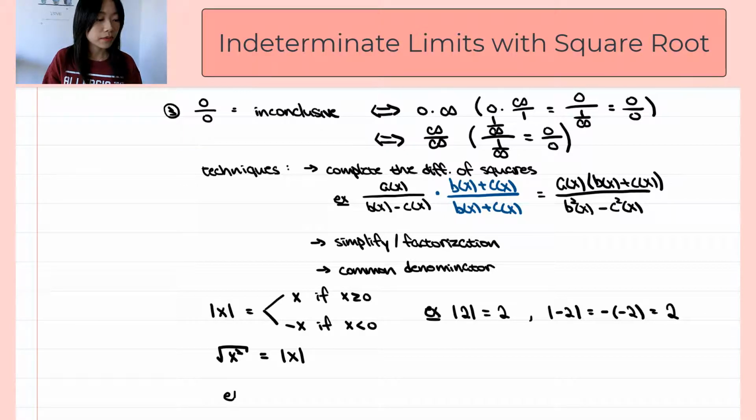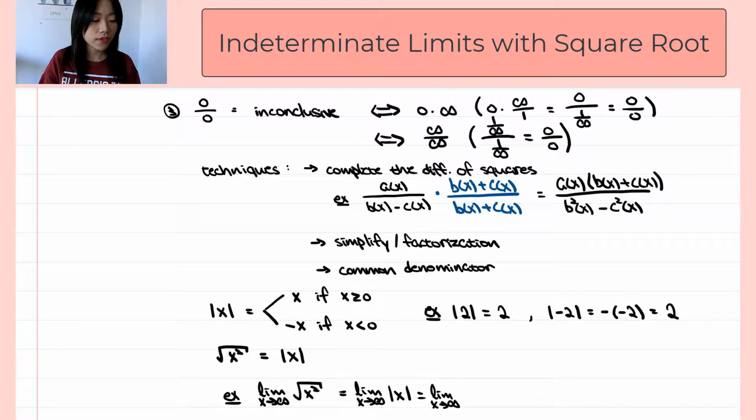So for example, the limit as x approaches infinity of square root of x squared equals the limit as x approaches infinity of absolute of x. And since x is approaching positive infinity, this equals the limit as x approaches infinity of x, which equals infinity.